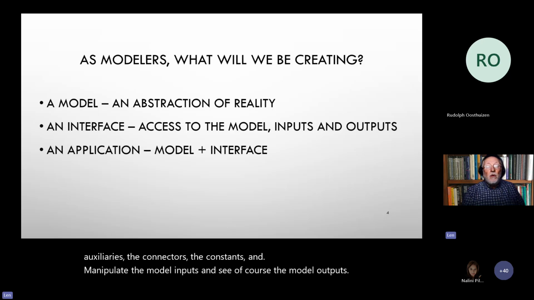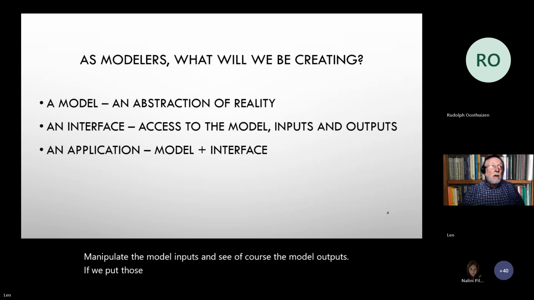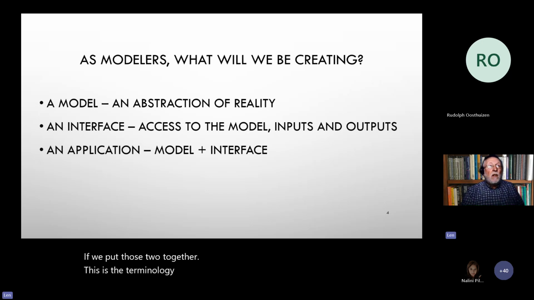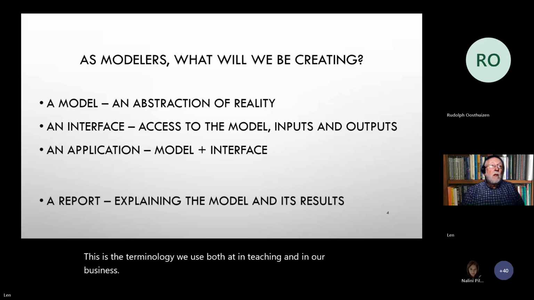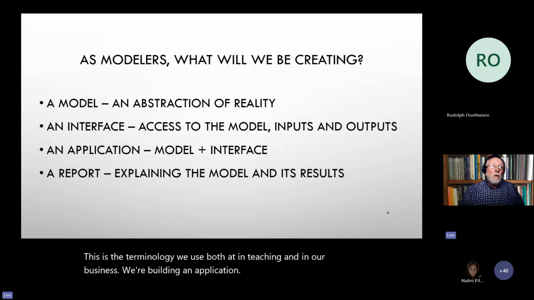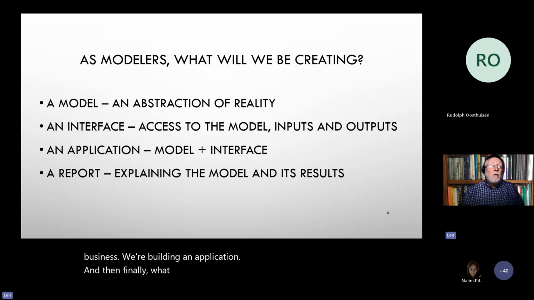If we put those two together, this is the terminology we use both in teaching and in our business, we're building an application. And then finally, what most people forget is we typically have to prepare some kind of report. How do we explain what the model is and does and what are its results?